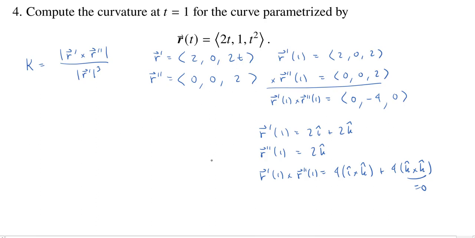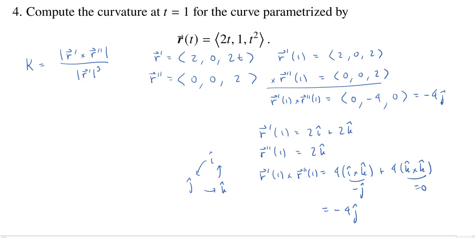To get i cross k, we should always have this picture in our mind, where you go around it, and if you see ij, you'd get k, but oh, we want ik, so you go backward, it's in the opposite direction, so i with k is going to be negative j. Okay, so we end up with 4 times negative j, or negative 4j, which we see is the same vector we computed in the alternative method.